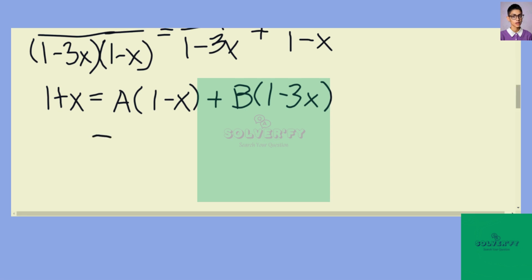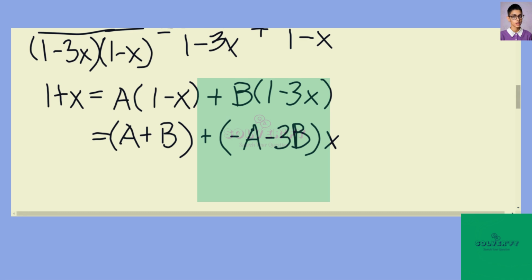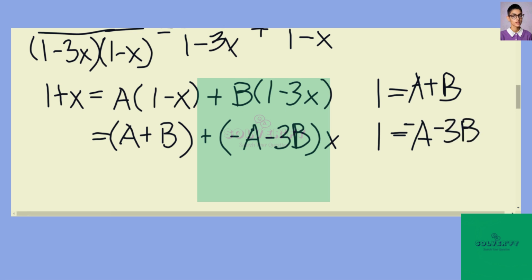And this is equal to A plus B, plus (negative A minus 3B) x. Setting the coefficients of like terms equal, we have that 1 is equal to A plus B, and 1 is equal to negative A minus 3B.